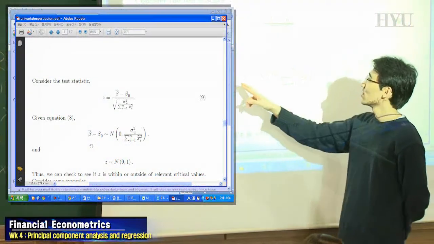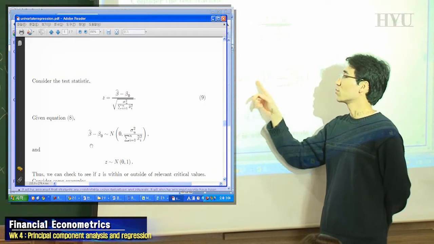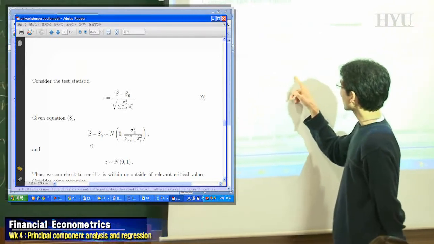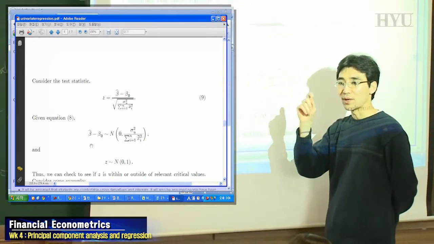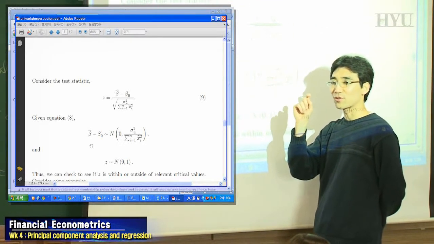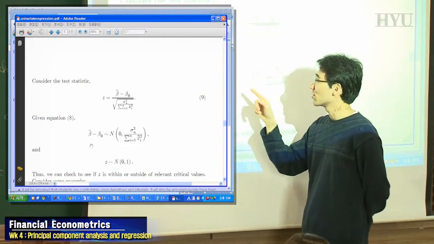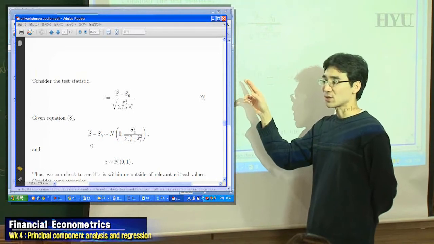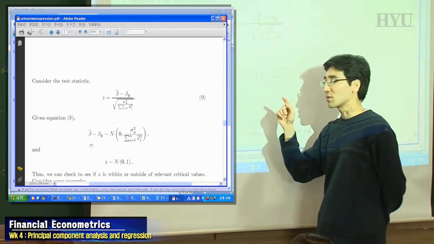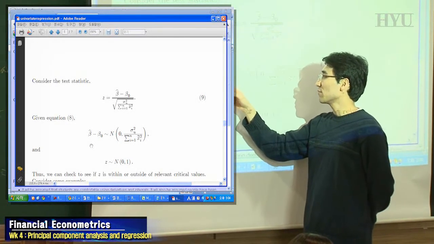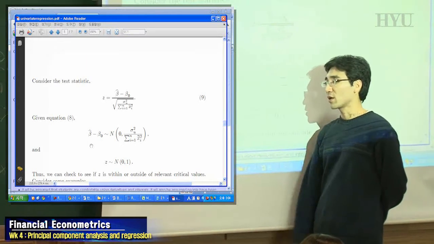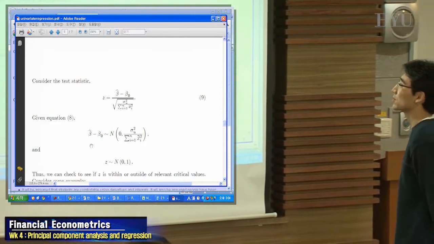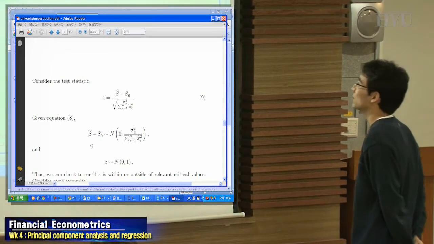The expected value of beta hat is the true value beta, and our null hypothesis says that beta is equal to beta 0. So if the null hypothesis is right, the expected value of the difference between beta hat and beta 0 should be 0. So on the null hypothesis, it looks like this.